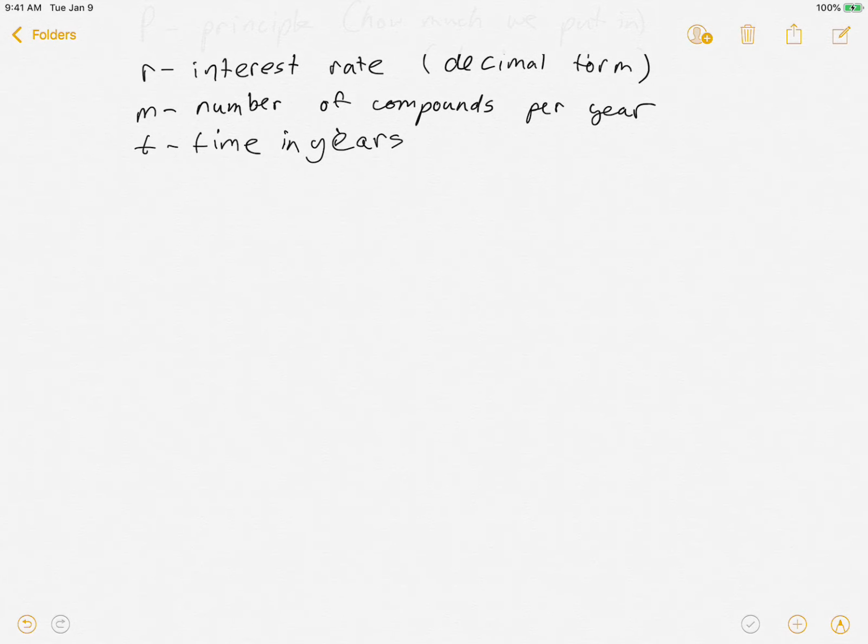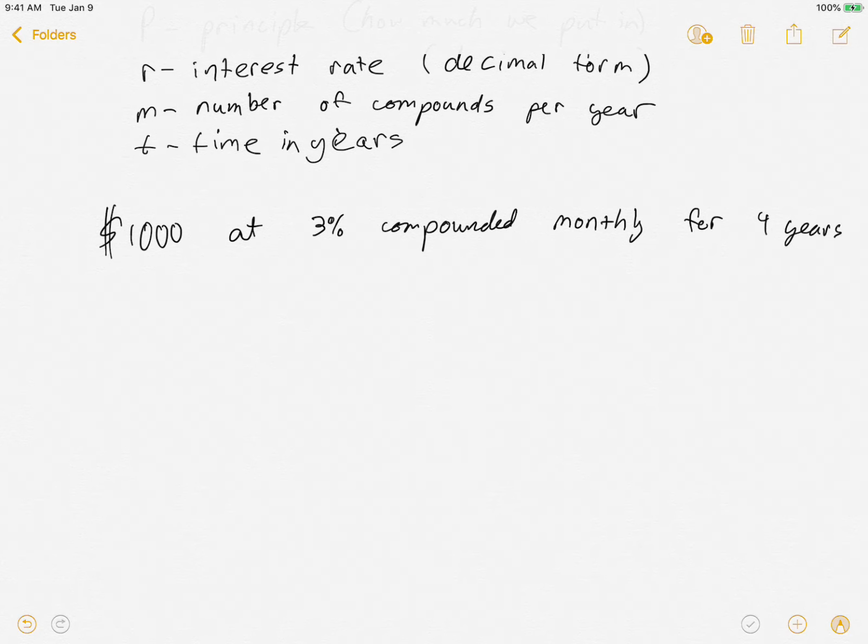Let's say you invest $1,000 at 3% compounded monthly for 4 years. How much money would you get? Well, we put it into our formula. 1,000 times 1 plus 0.03.